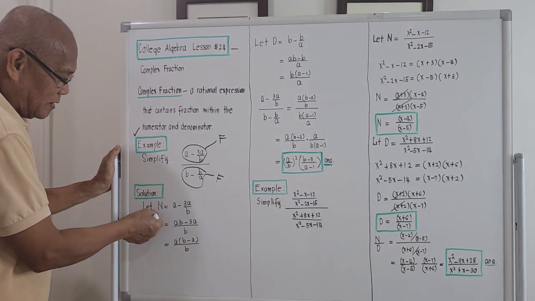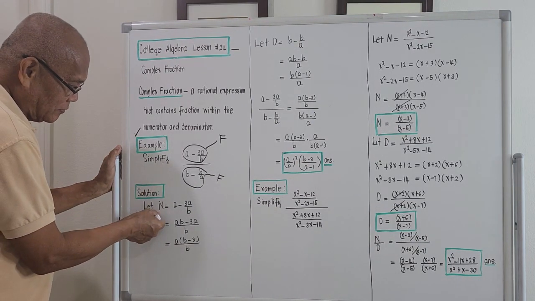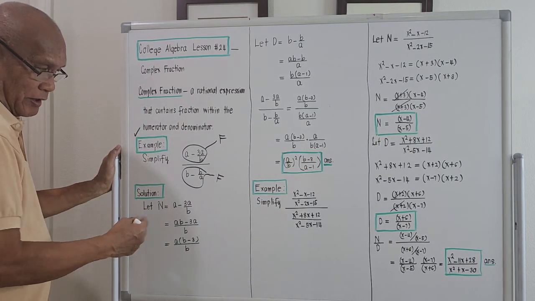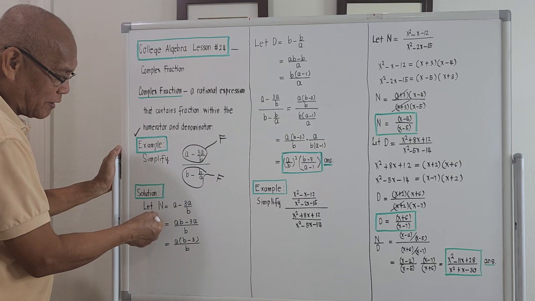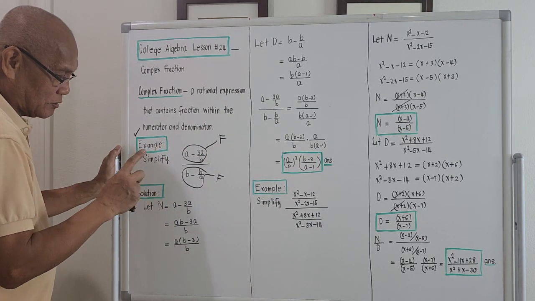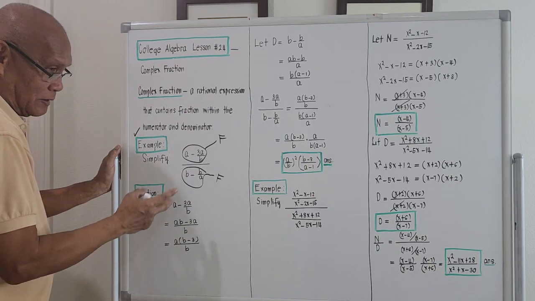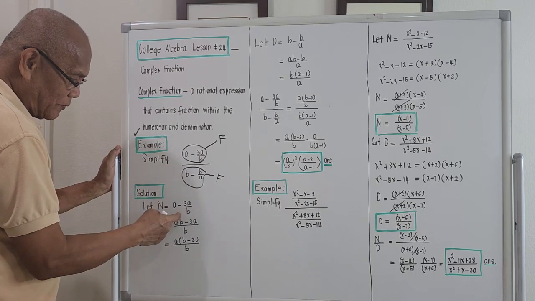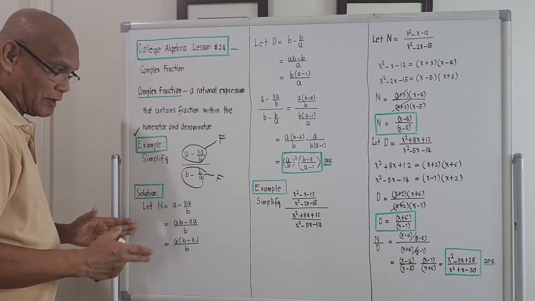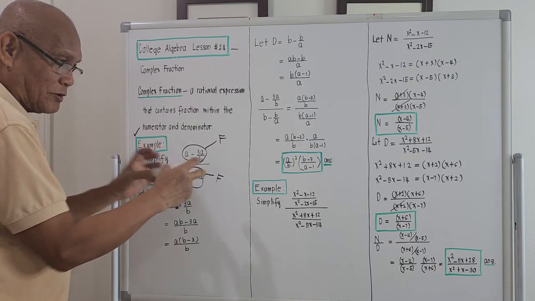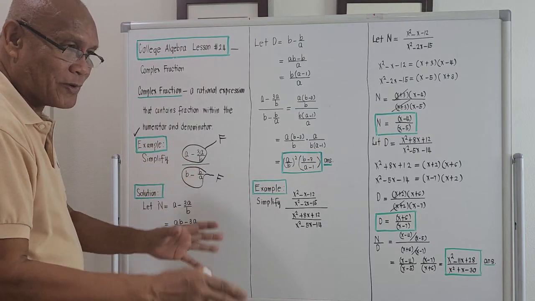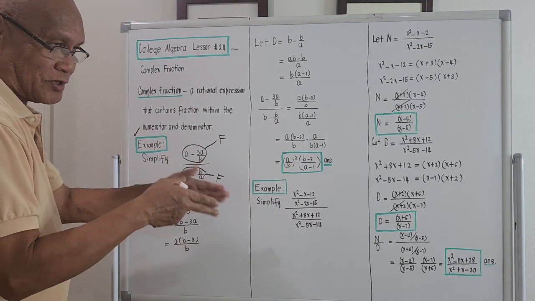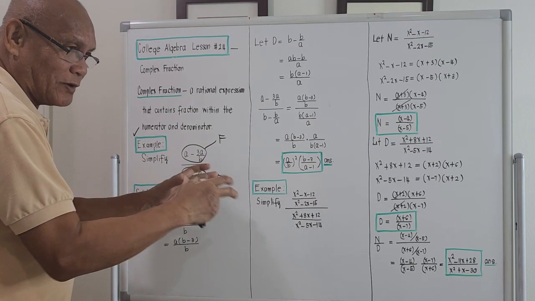We will let capital letter N be equal to the numerator. Instead of writing numerator, I'll just place capital N, and I will let this be equal to the given numerator, which is A minus 3A over B. Instead of going to the total fraction immediately, I will simplify the numerator separately, step by step, before proceeding with the main fraction.